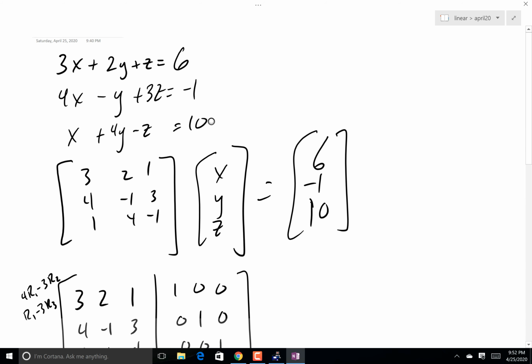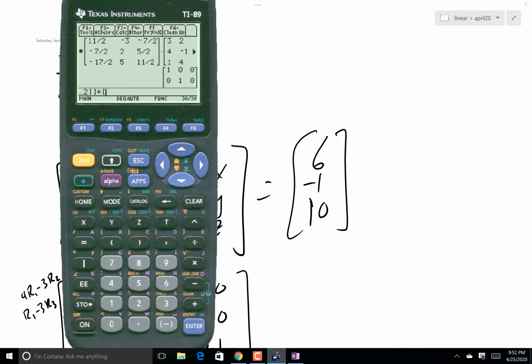So I'm just going to go 6, comma, negative 1, comma, 10. But I'm going to take the transpose of that matrix. So I typed it in as a row vector. Now I'm making it a column vector by transposing it. And so there's the answer, 1, 2, negative 1. Yes, which is the correct answer. Hot dang, I feel good about my life now. Not really, but kind of.